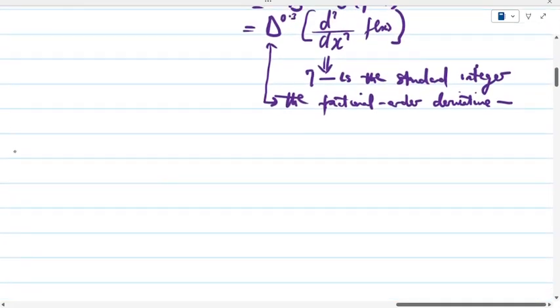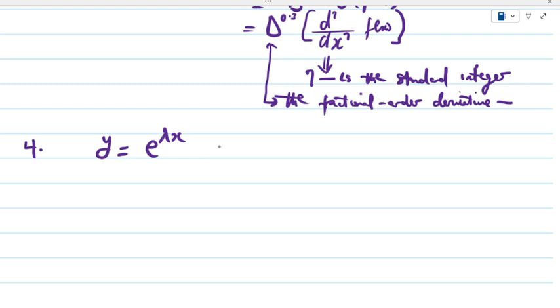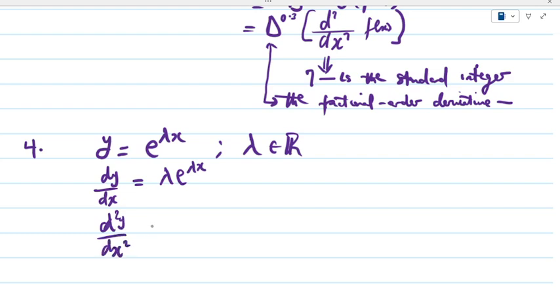So another function I want you to take note of is when we have y to be exponential lambda x, and lambda is a real number. Now, naturally, if you find dy/dx according to the normal standard order, we have lambda exponential lambda x. If you find d^2y/dx^2, you have lambda squared exponential lambda x.